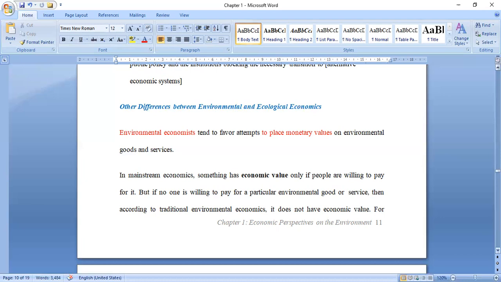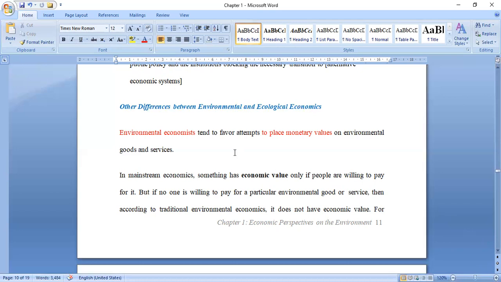Someone may be asking, how do you place a monetary value on a forest? Can you? Yes, you can do. And we shall be looking at ways of how to value the environment. So those are the environmental economists.